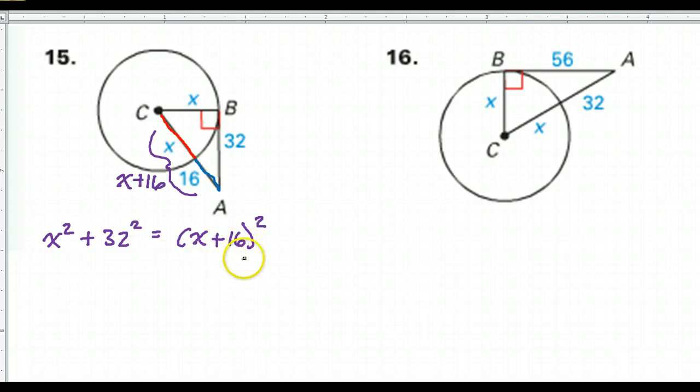And so we'll have a new binomial here with x squared plus, you know, whatever 16 squared is. But that is not how you do it. That would not be accurate. What it really means to square something is to multiply that thing by itself. So x plus 16 squared means x plus 16 times x plus 16.